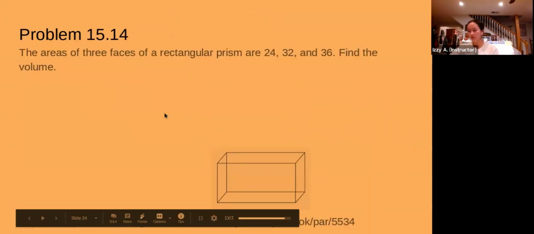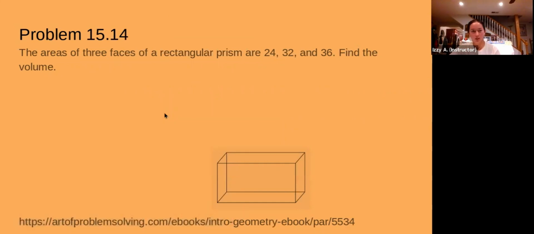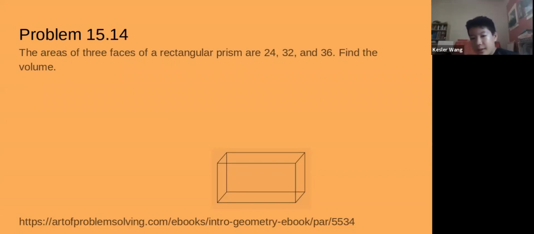Okay, so for this problem, 15.14, the areas of 3 faces of a rectangular prism are 24, 32, and 36, and you want to find the volume. Okay, so first of all, can I say something? Yes.